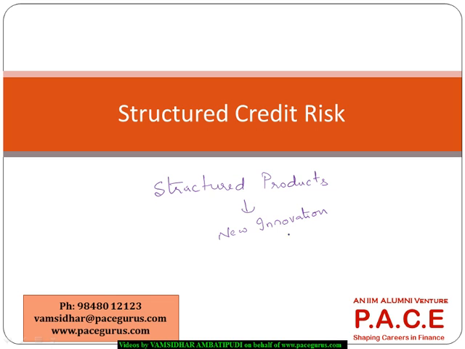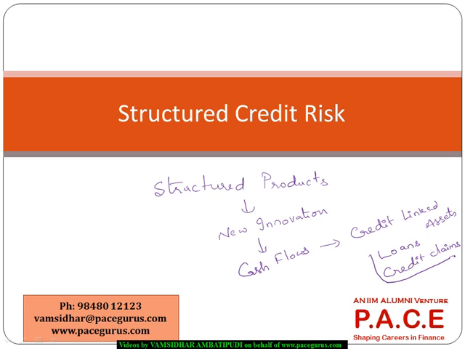Any product whose cash flows are based on credit linked assets, like loans, or any other credit based claims, like credit card receivables or vehicle loans, or any such kind of credit related assets.